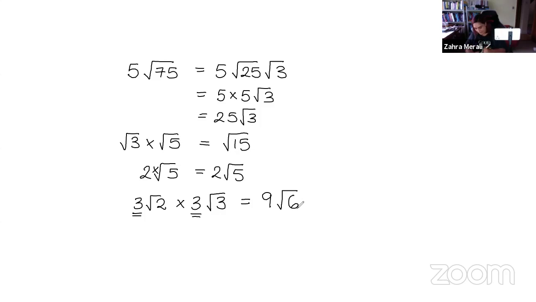Next step, adding surds. So now we can only add surds if they're the same. So think about it like this. If we have root 2 plus root 2, well, I've got one lot of root 2 and another lot of root 2. So all together, I've got 2 lots of root 2's. So I've got 2 root 2.